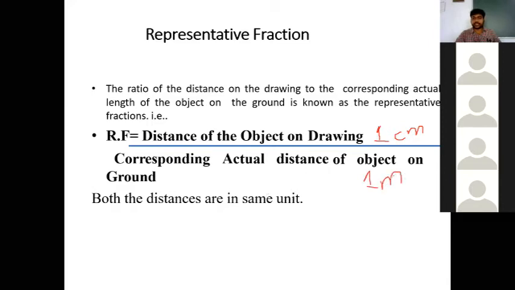But what do you have to convert here? Both distances must be in the same unit, and these are not the same, right? So you have to make this meter into centimeter. 1 meter is equal to how many centimeter? 100 centimeter. Good.